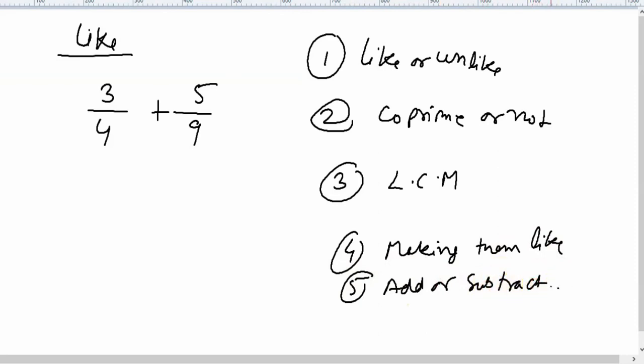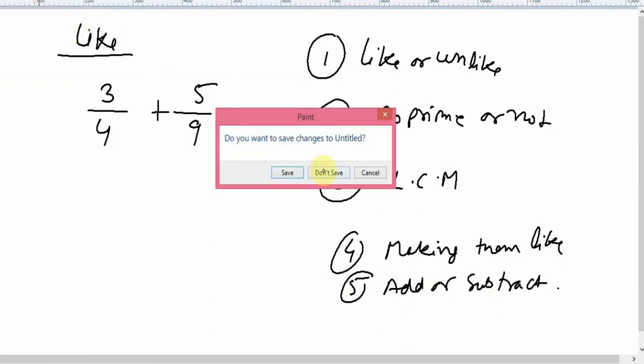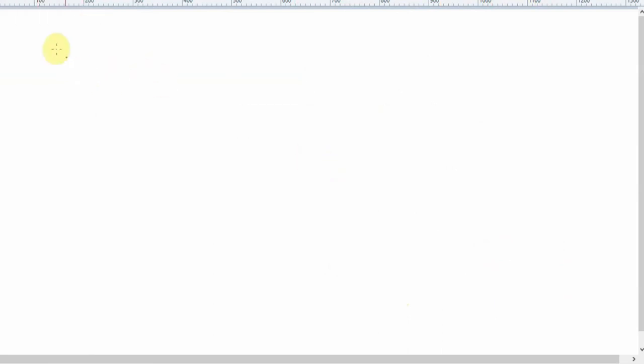Now I come to them one by one. For example, I will take 3 upon 4 plus 5 upon 3. Now rule number 1, like or unlike, they are unlike.